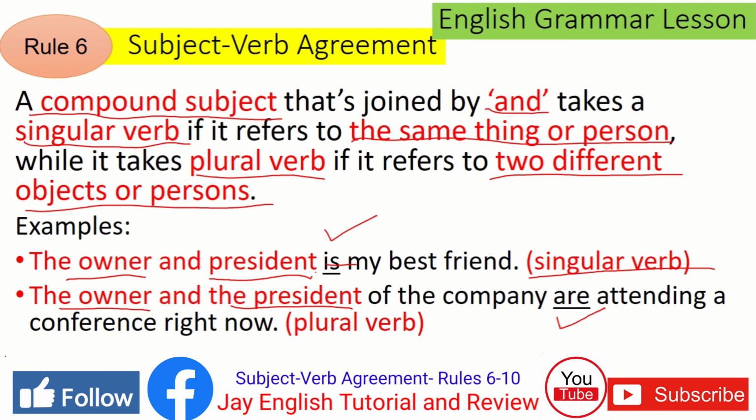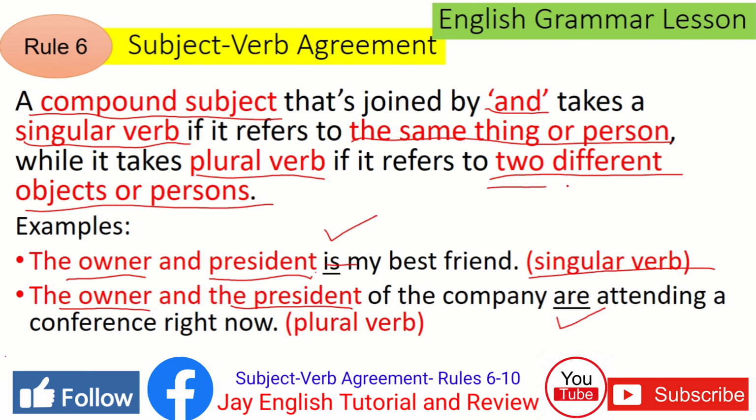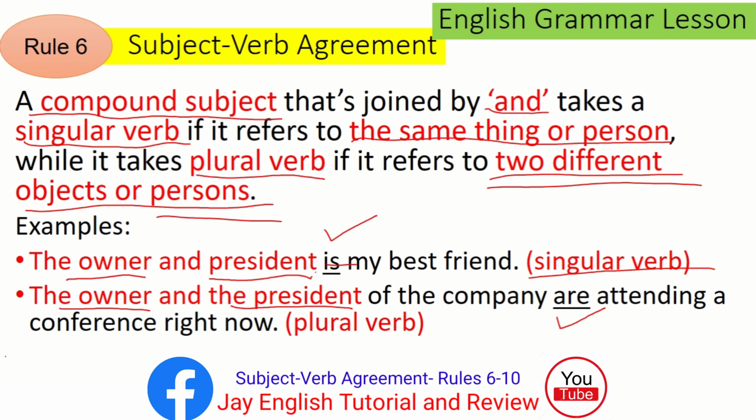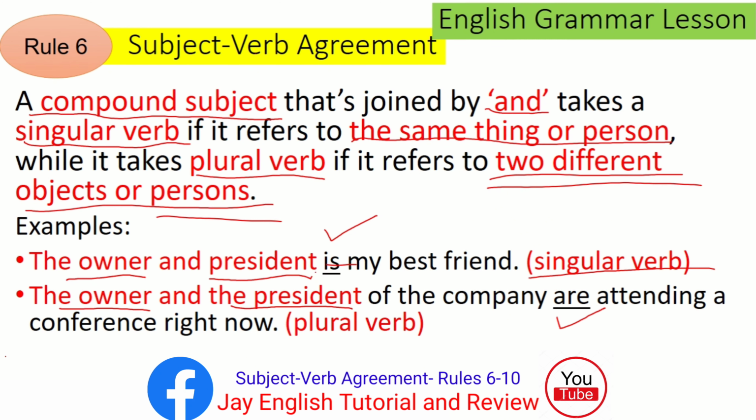In this statement, the owner and the president are already referring to two different persons. That is the reason why we are using the plural linking verb "are," not "is."